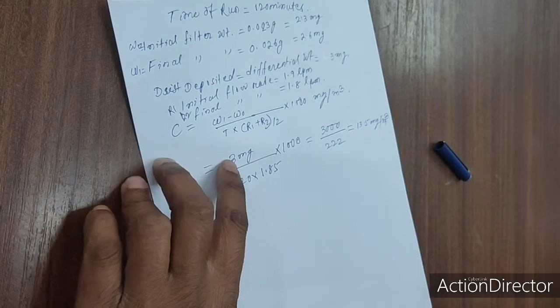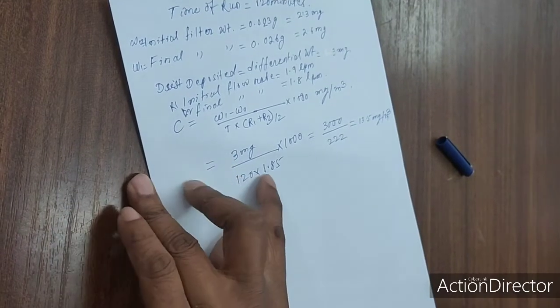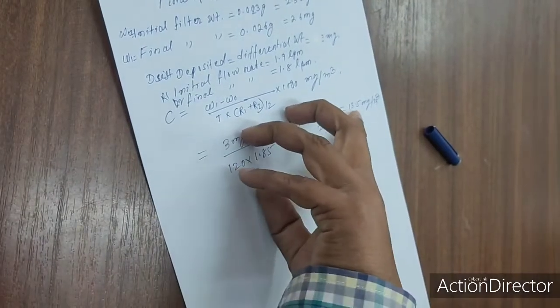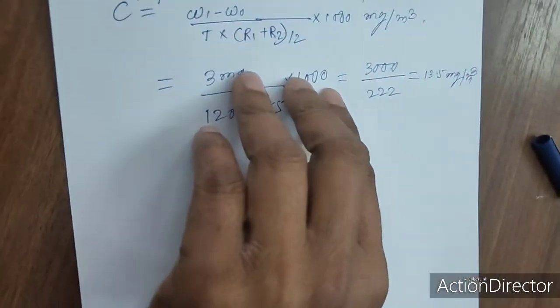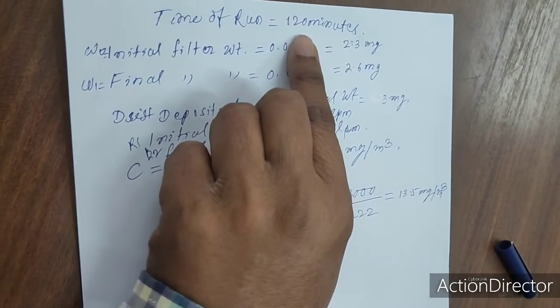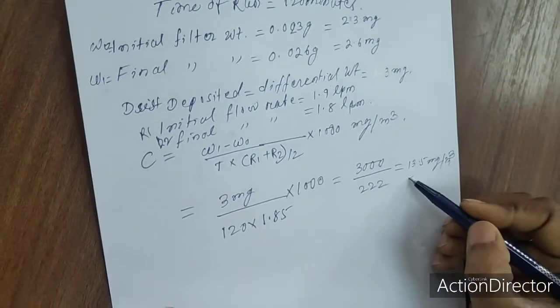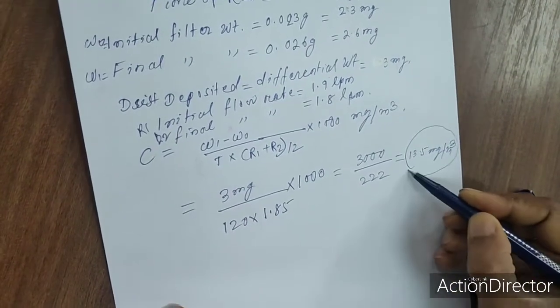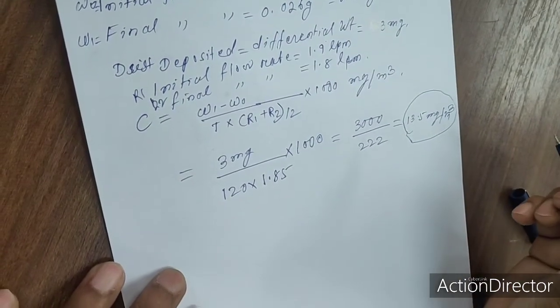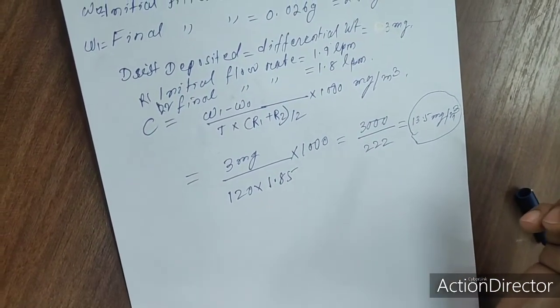So it is coming to 3 mg by 120, 1.85 multiplied by 1000. So the value is coming to 13.5 mg, and the time of run, that we have taken for 2 hours, is coming to 120 minutes. So here the dust concentration value is coming to 13.5 mg per meter cube.